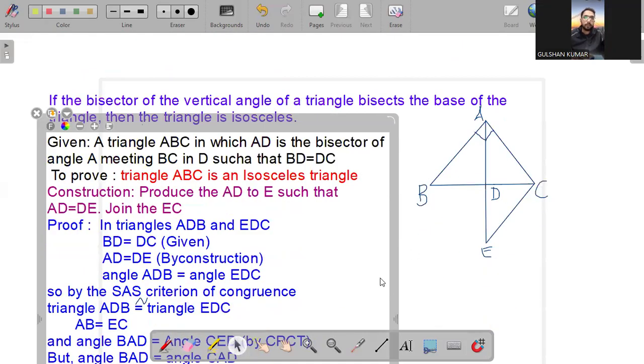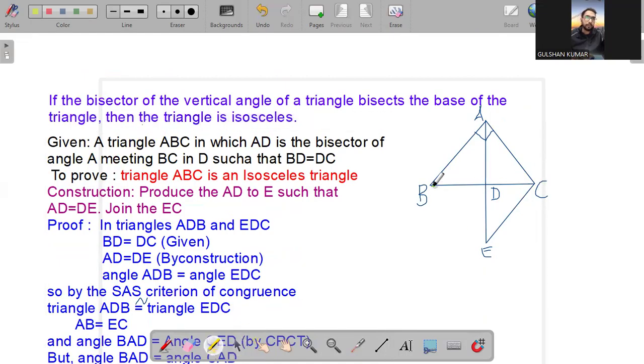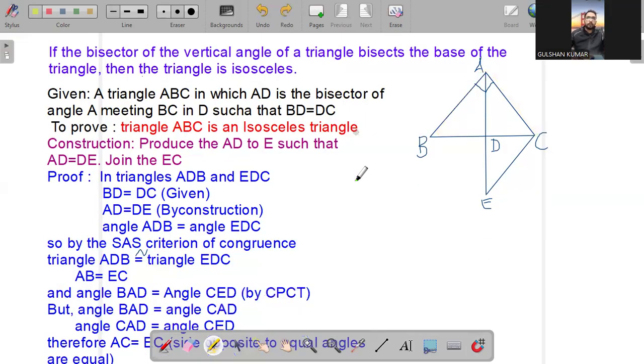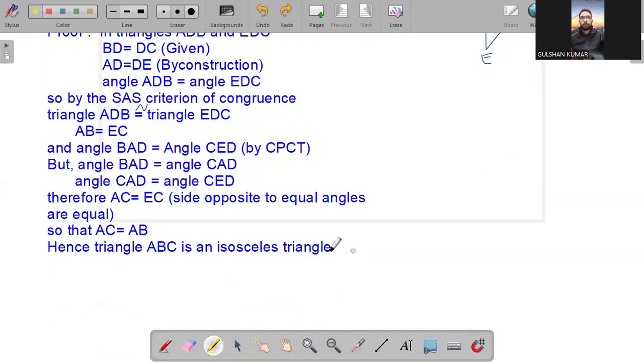As we know, the condition of an isosceles triangle is that one side and another side are equal. So we have proved it. Thank you.